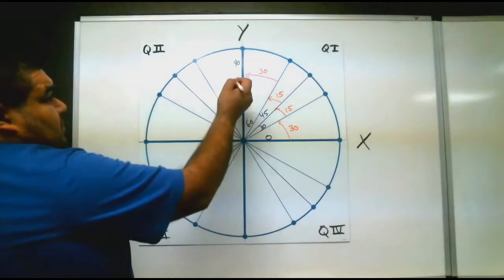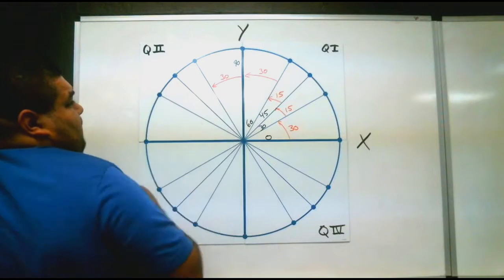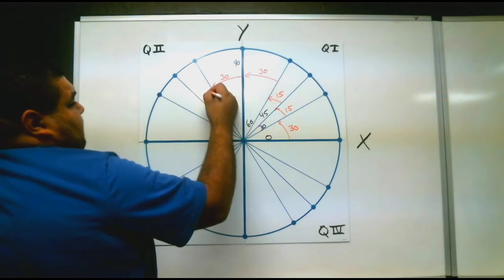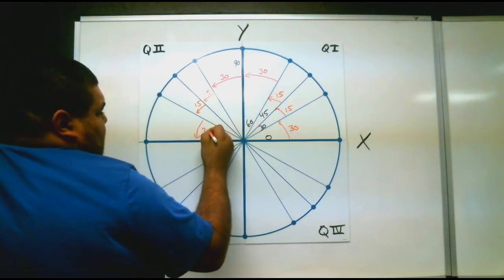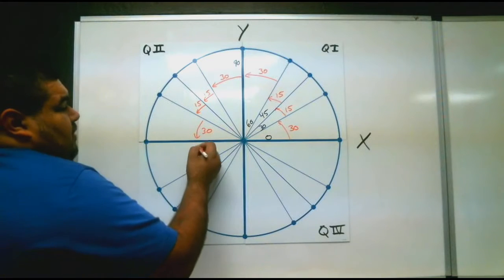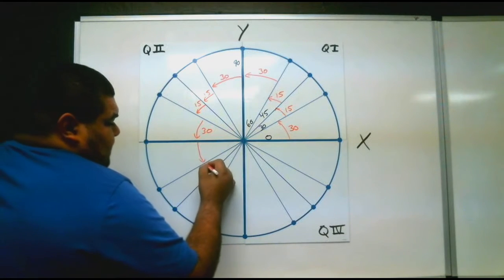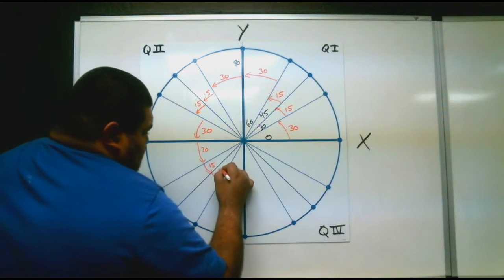Again, from 90 to our next one, you have 30, 15, 15, and then 30. It repeats the cycle over and over. Again we have 30, 15, 15, and then 30.